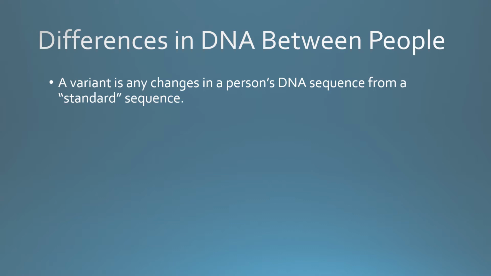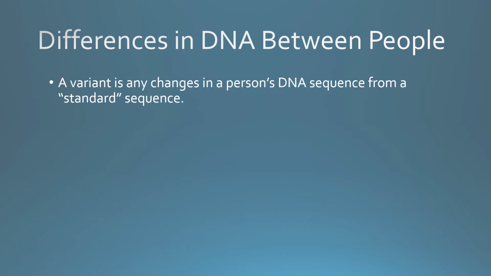Okay, so for differences in DNA between different people, by and large, people all have the same genes. So colloquially we say, oh, I have the gene for this, or that causes me to be a certain way. Really what that is, we all have the same genes, but we have variants in the genes.